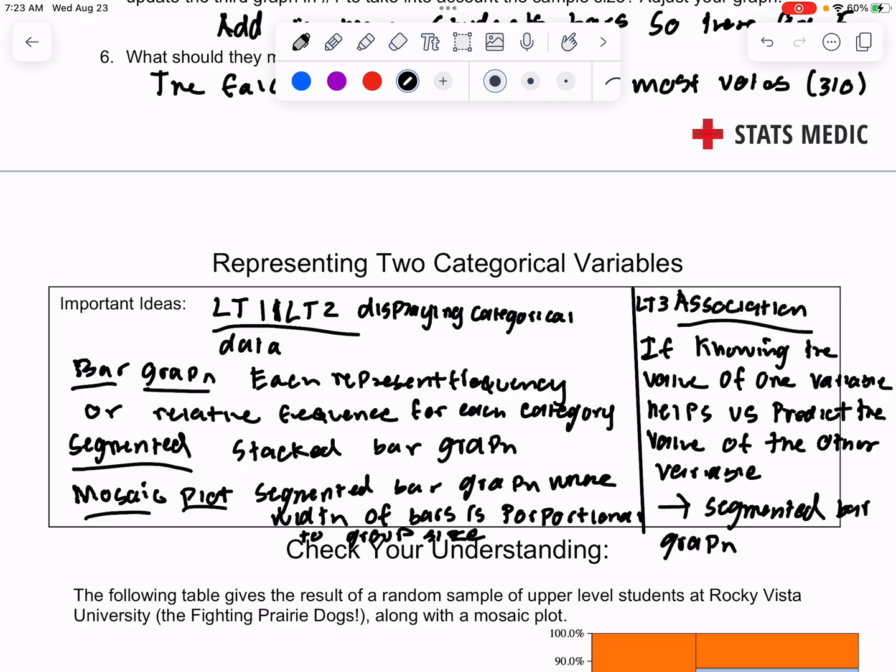If there's no association, then they'll be the same. Okay, so as long as the segmented bar graphs are different, there's association. If they are the same, there's no association, meaning we can't use one thing to predict the other.